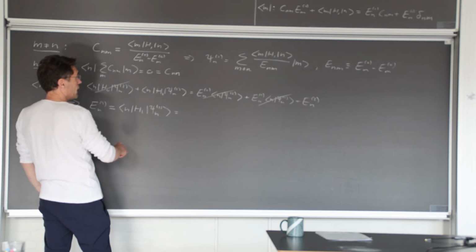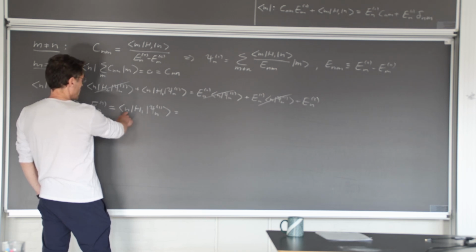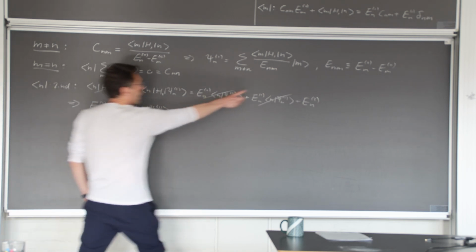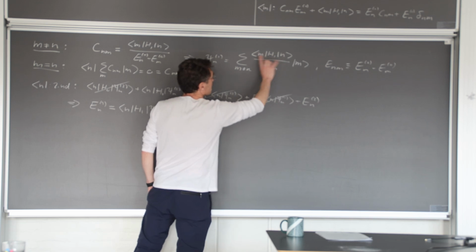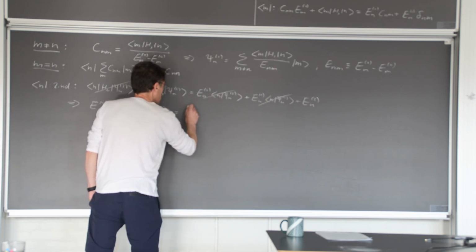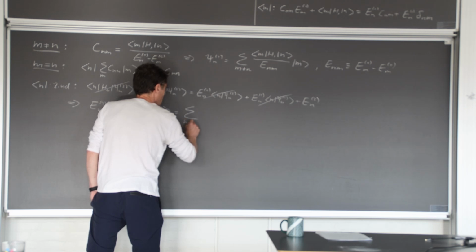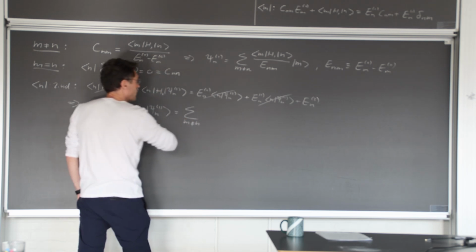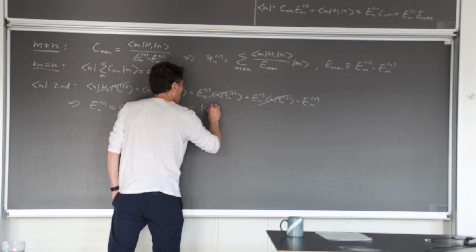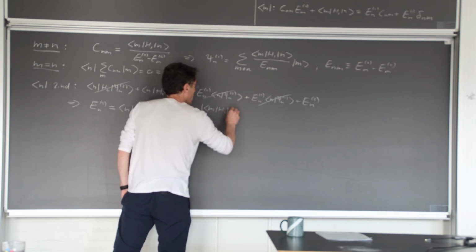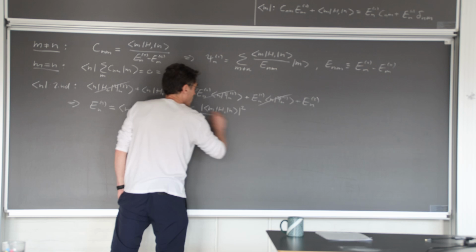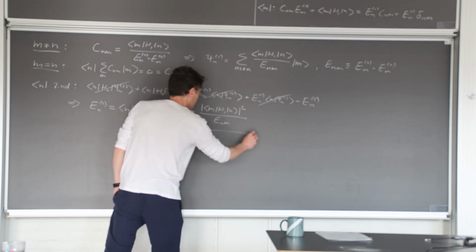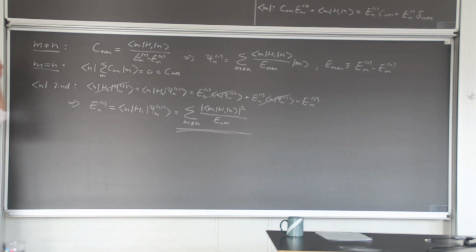And you see that, well, when I do this, right, I'm going to get an n, H1, and m, which is the same as this one, except in the reverse order. So I simply get E sum m different from n, and then here n, H1, m squared divided by the energy difference, which is the famous second order correction to the energy.